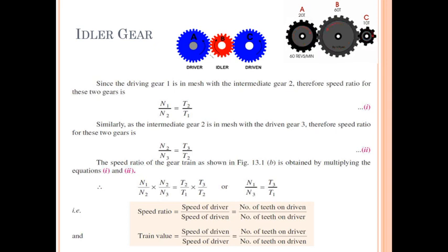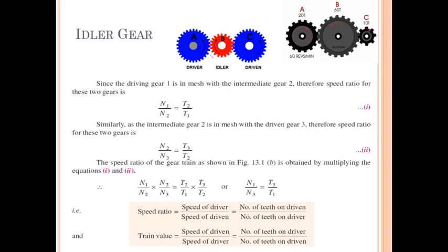In between, I have used an odd number of gears, suppose only one gear. Therefore the driver gear will rotate, suppose, in the anti-clockwise direction. Therefore the idler gear will rotate in the opposite direction, that is clockwise. Then gear C is in mesh with B, so gear C will rotate in the opposite direction of the idler gear, that is again anti-clockwise.